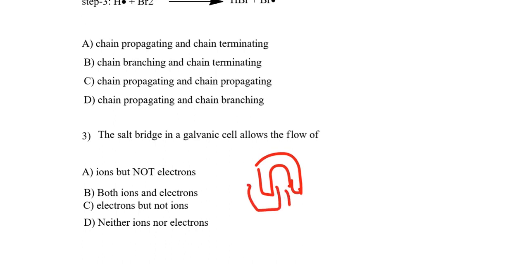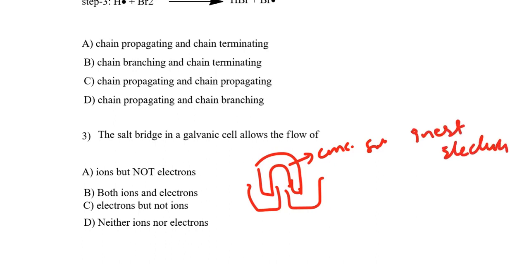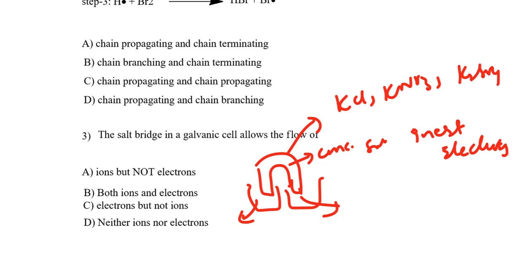Okay, so here we can simply say it is an inverted U-shaped tube filled with a concentrated solution of inert electrolytes, whose ions neither are involved in any electrochemical changes nor react chemically with the electrolytes in the two half cells. Okay, so here the salts may be KCl, KNO3 and K2SO4, etc.